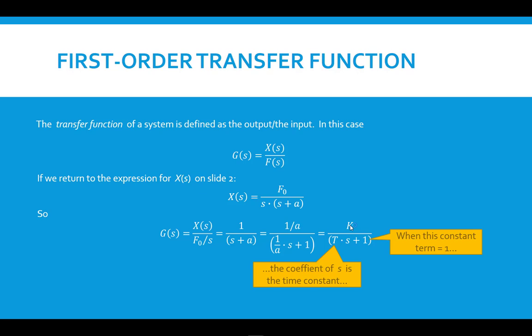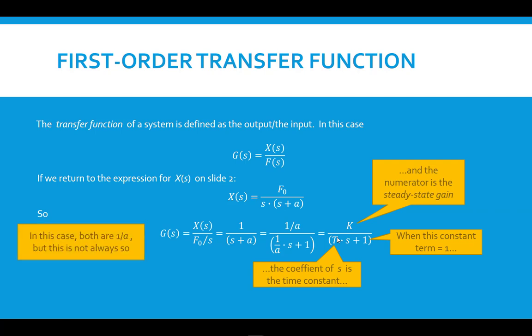Okay, so when you get this constant term to be 1, the coefficient of the s term is the time constant. That's 1 over a. And the numerator is the steady state gain. Now in this case, both the steady state gain and the time constant are 1 over a. That's purely coincidental for this case. So that's not normally the way things are.